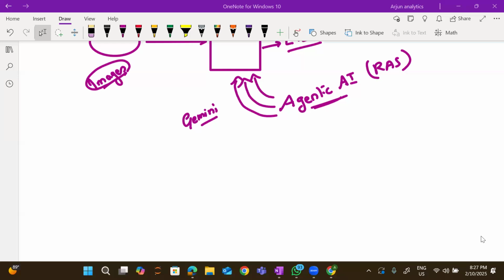But the small language models are used for a specific, particular task, only a specific particular task. Earlier, we used to call these expert systems.